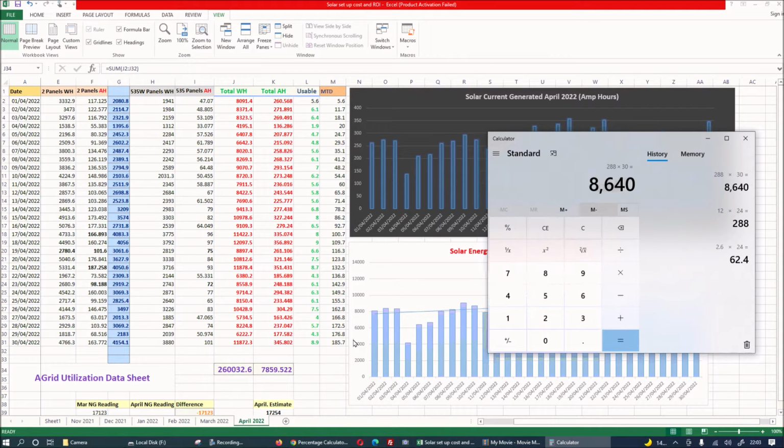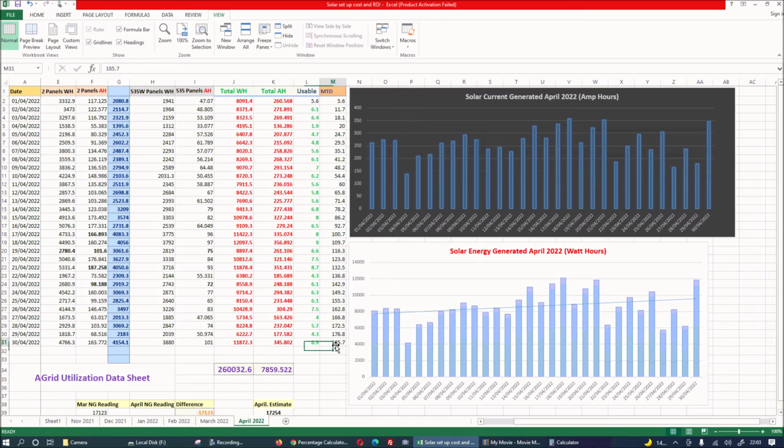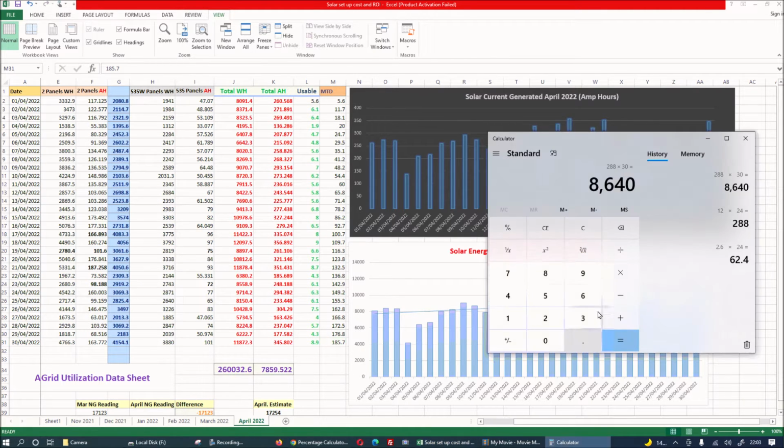So that needs to be added to this 185.7. So that should give us, isn't it, 8.6 plus 185.7.